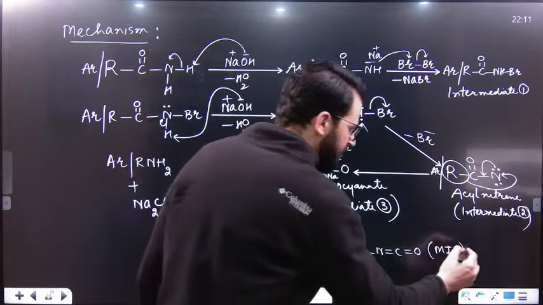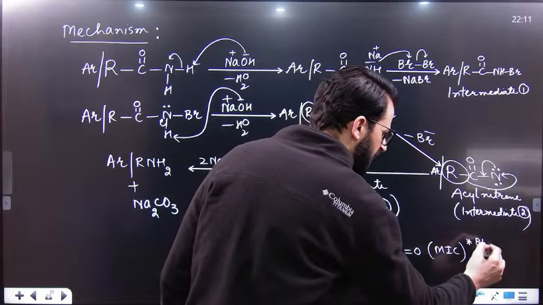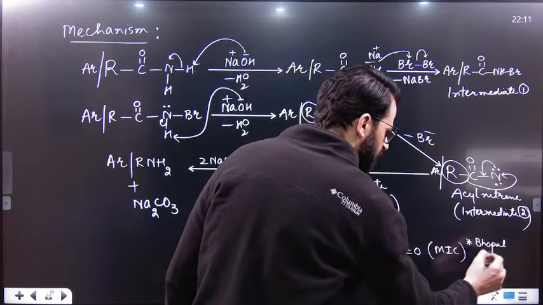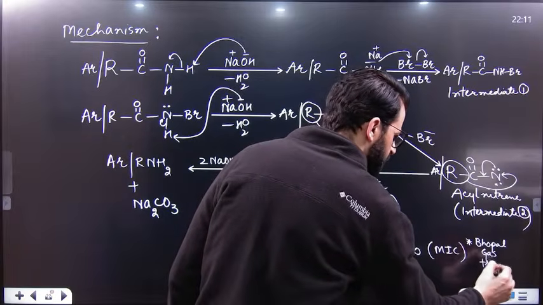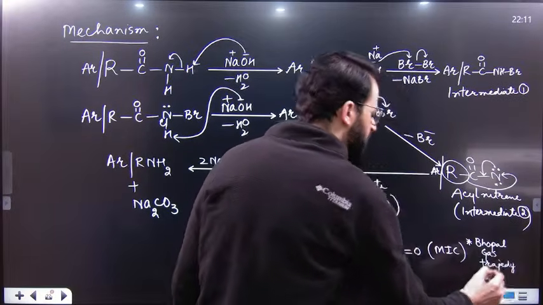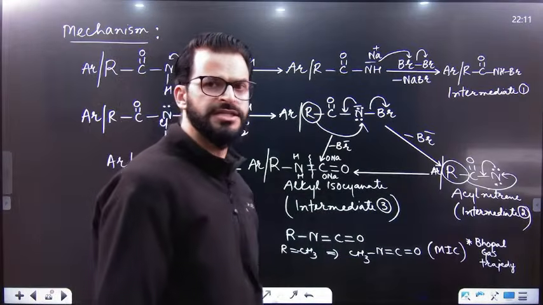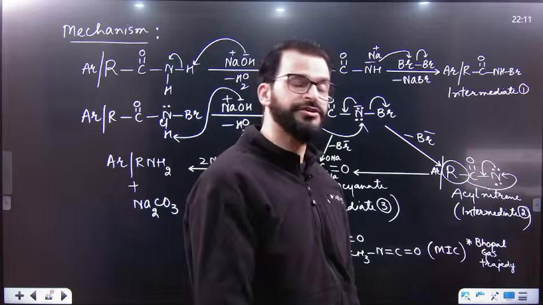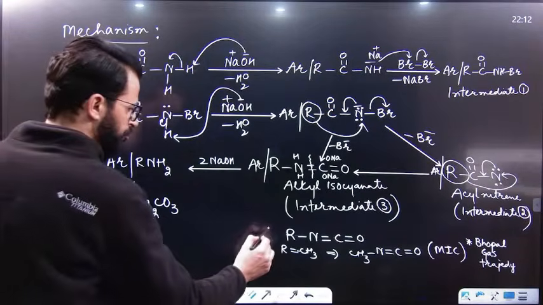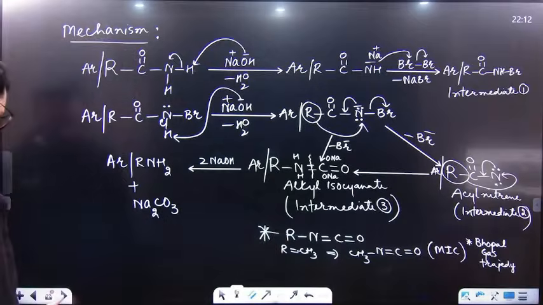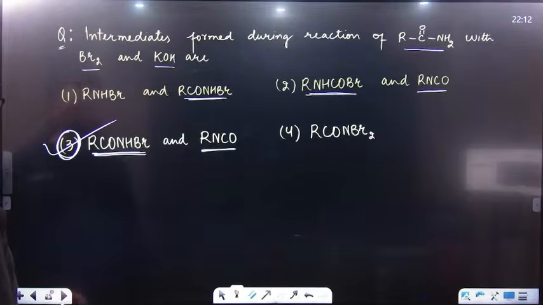And remember, this was responsible for the Bhopal gas tragedy. So this gas, methyl isocyanate, was responsible for the Bhopal gas tragedy, which happened in 1984 most probably. This is extra information for you. Remember this, because this was asked in some competitive exams sometimes. I don't know the year exactly.